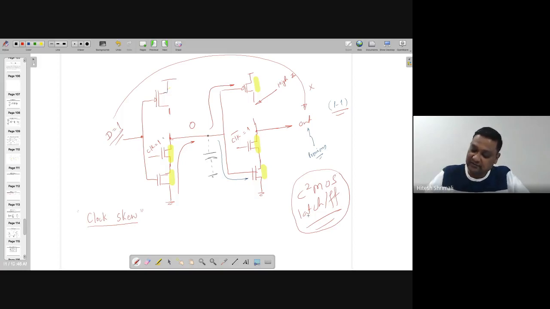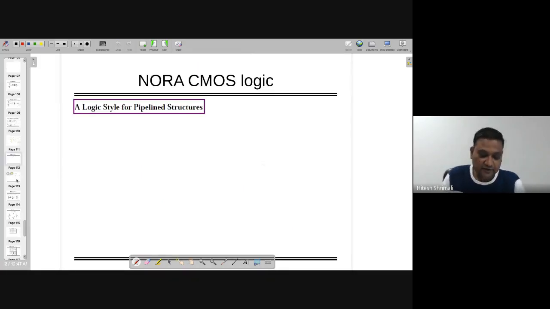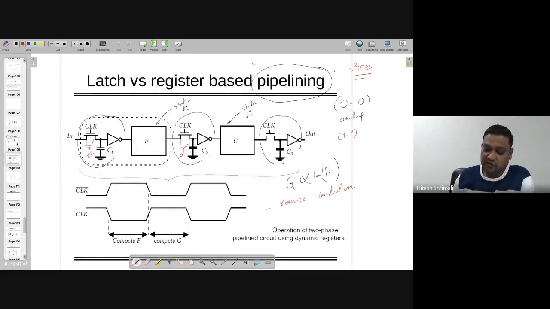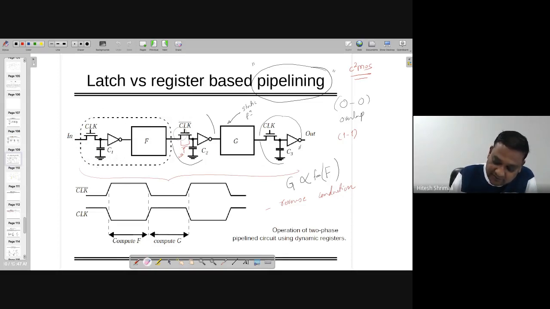Latch is level sensitive and flip-flop is edge triggered, right? So I was talking about the previous solution, and here if the same thing is happening, let's assume that.